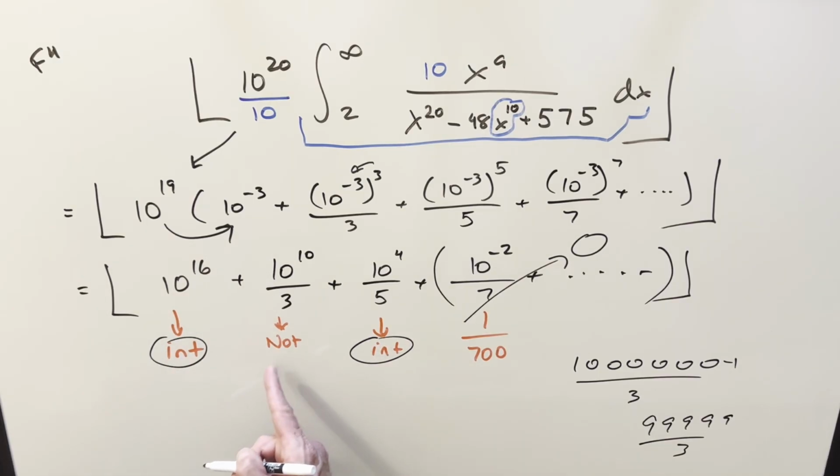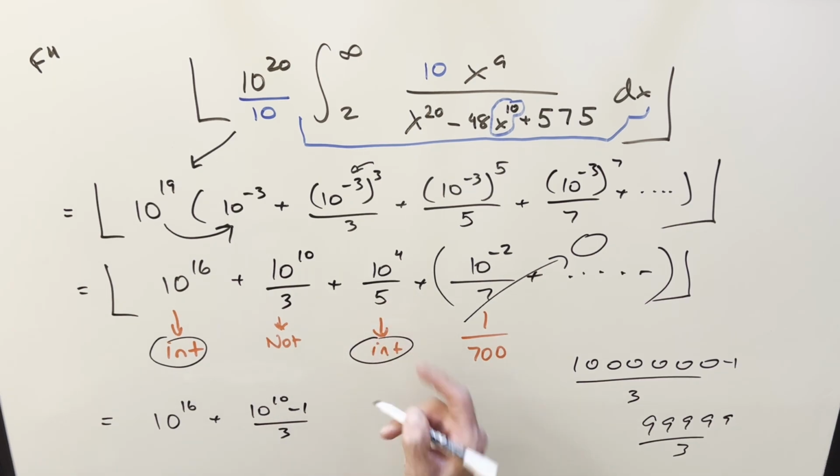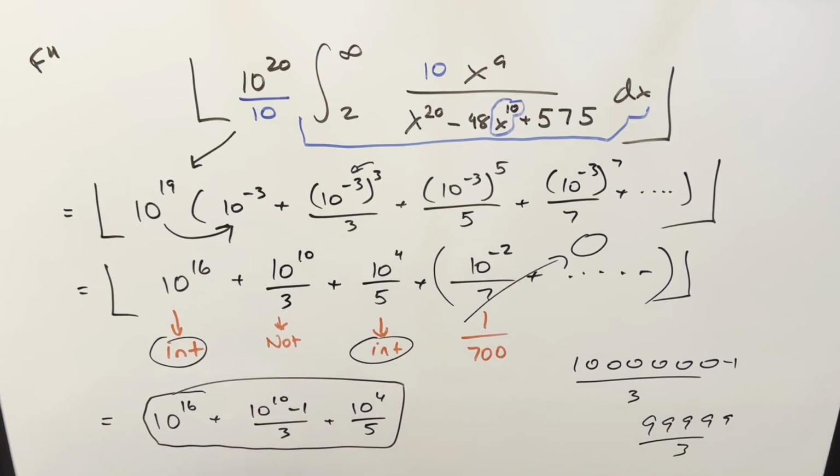And this one right here is going to be just over an integer, but we can correct it with just minus 1. So applying the floor function on it, what we're going to get for the first part is 10 to the 16, plus here we get 10 to the 10 minus 1, turning that into an integer. And then here this is already an integer, so we get 10 to the 4th over 5. I think in the MIT solution they multiply it out, but I just don't want to do that, so I'm just going to leave it like this and call it good.